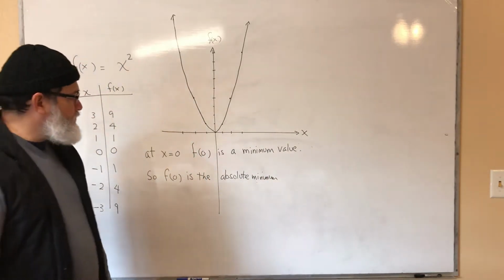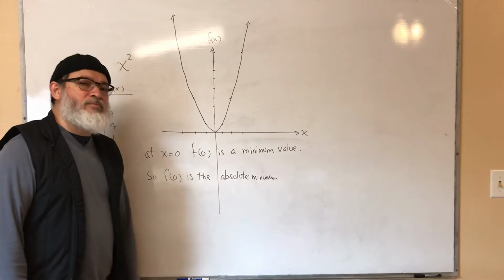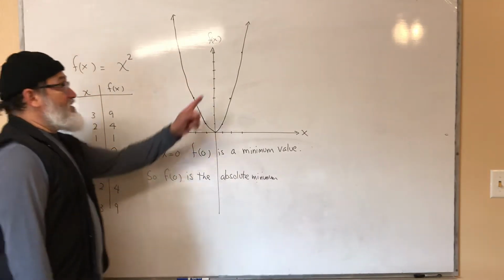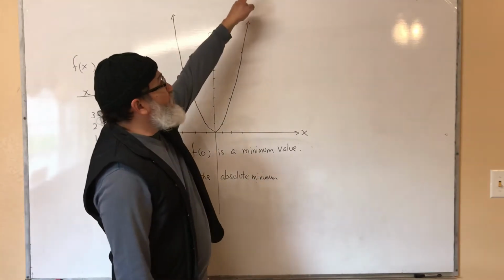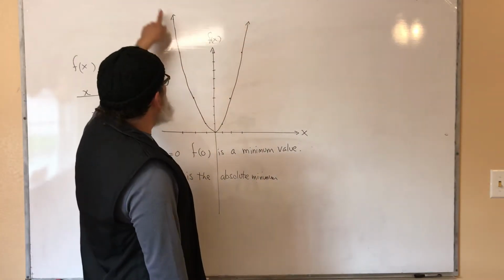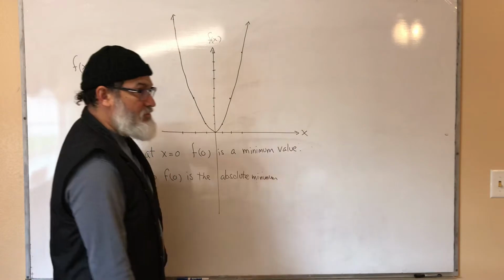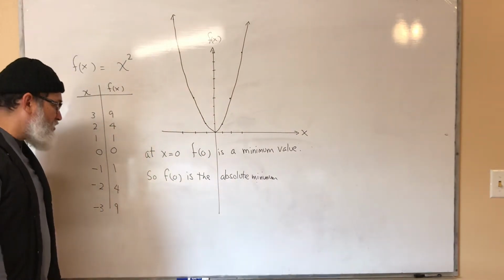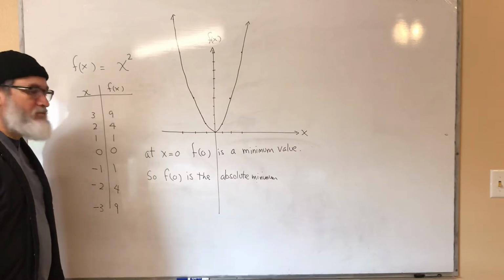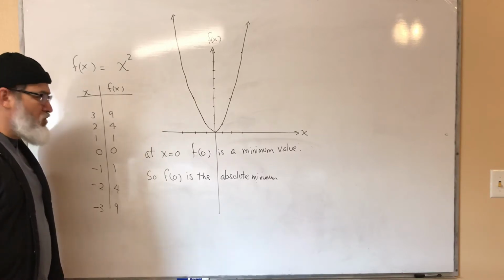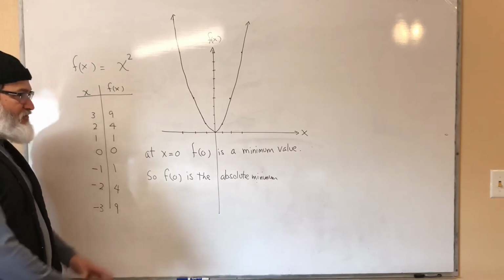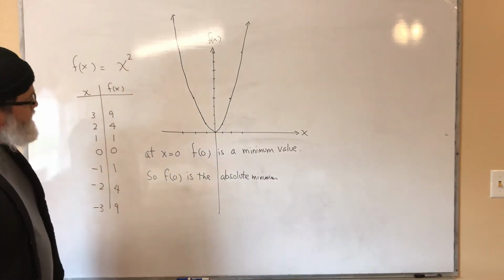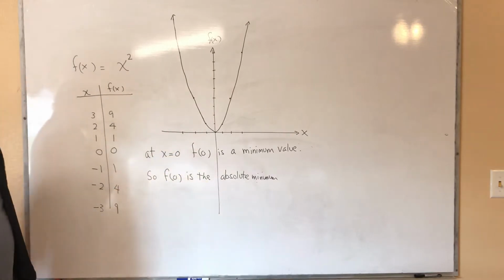Absolute minimum is the smallest value. Note that this goes up forever and ever, and this goes up forever and ever. Okay? So it seems to me that there is no absolute max for the entire function. Okay? All right.